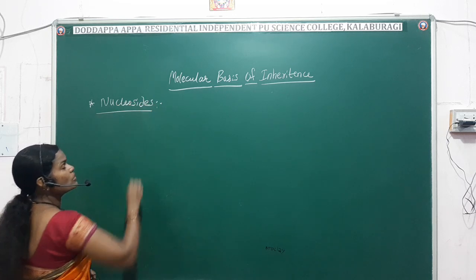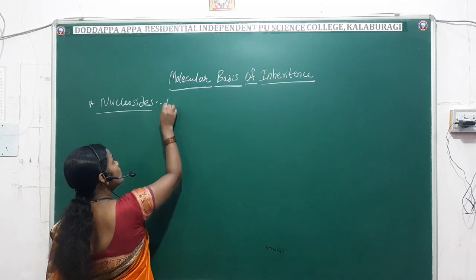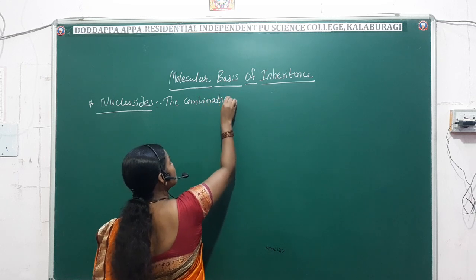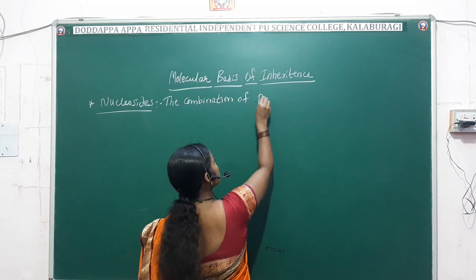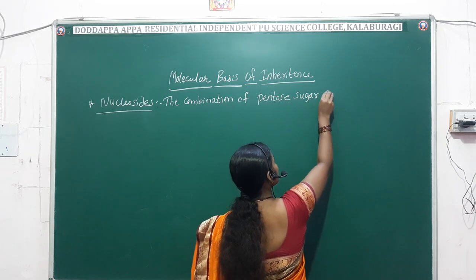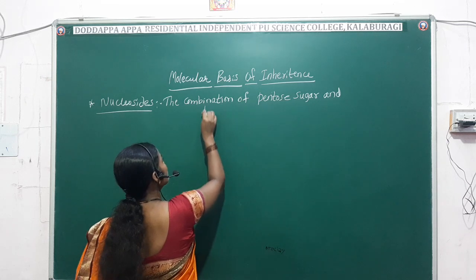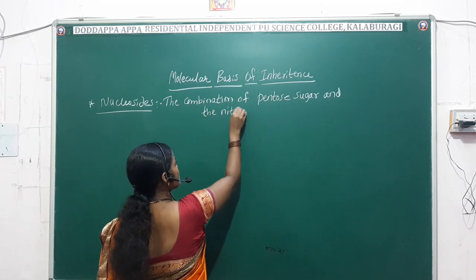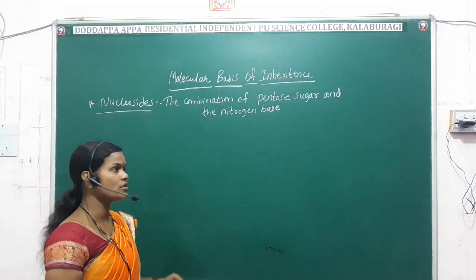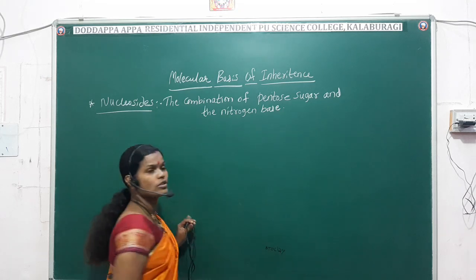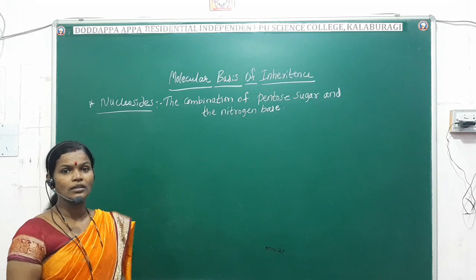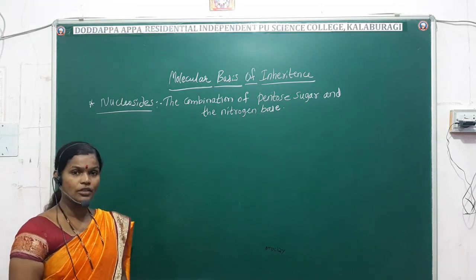Nucleosides can be defined as the combination of pentose sugar and the nitrogen base. That is the definition of the nucleoside. The combination of the pentose sugar and the nitrogen base is called a nucleoside.